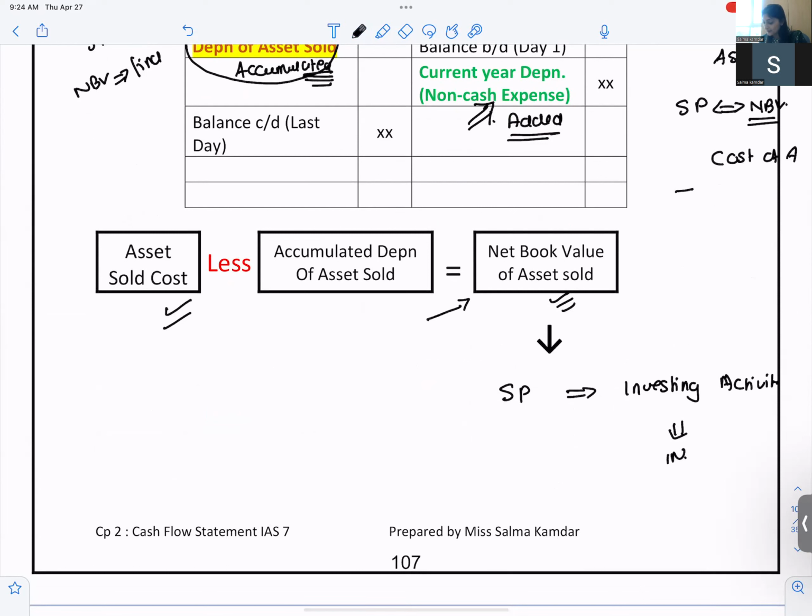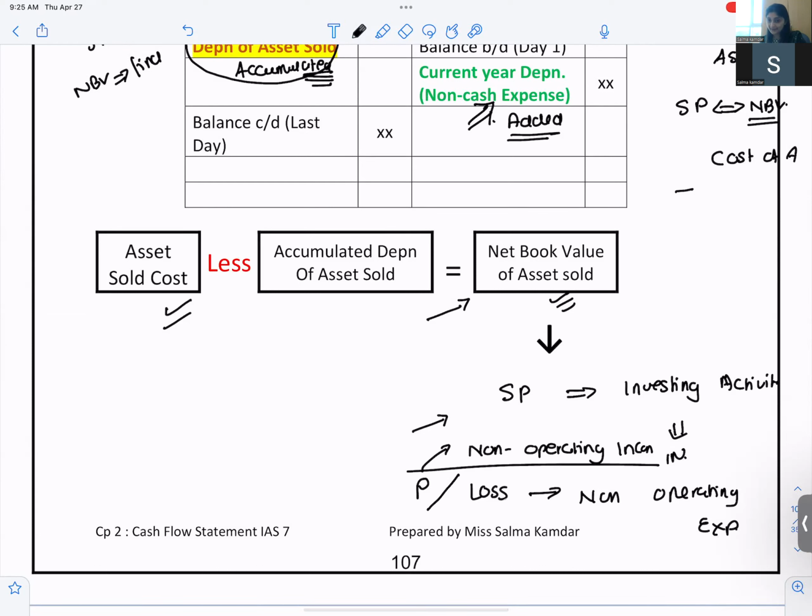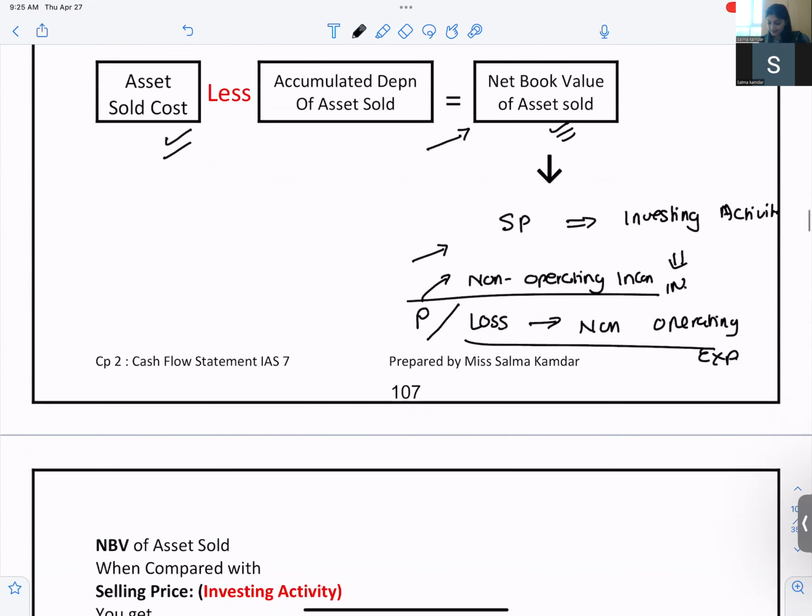Net book value, when you compare it with the selling price, you can either have a profit on sale of asset. If you have a profit on sale of asset, it will be non-operating income. If you have a loss on sale of asset, it will be a non-operating expense.